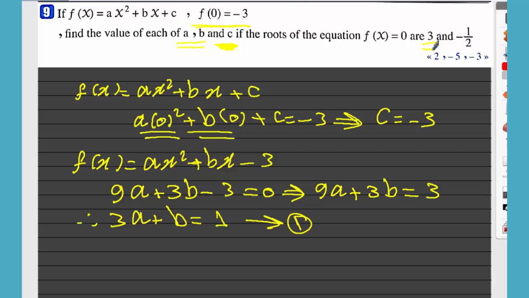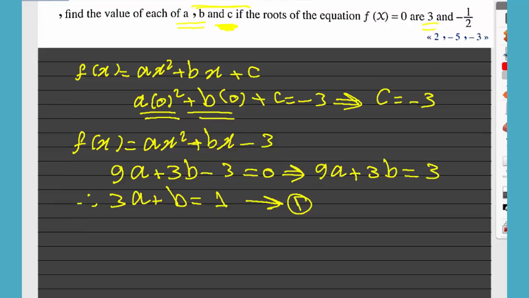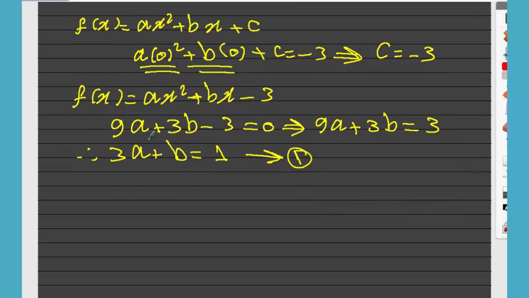Again, when x equals negative half, f of negative half equals 0, because negative half is one of the two roots. So we'll substitute here x equals negative half. So a multiplied by negative half all to the power 2 plus b multiplied by negative half minus 3 equals 0.